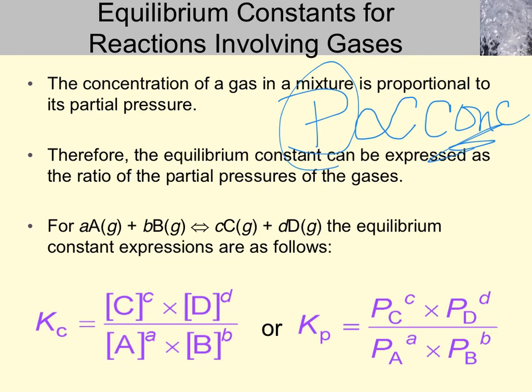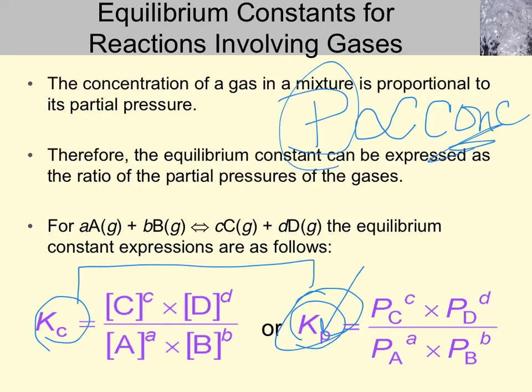So you will often see, if there are gases involved in a reaction, an equilibrium constant called Kp, which means it's expressed in terms of pressure rather than concentration. Kp and Kc are typically different. They can be the same under certain circumstances, which I'll show you, but don't make that assumption. Usually they're different.